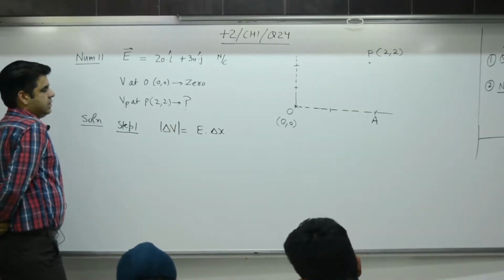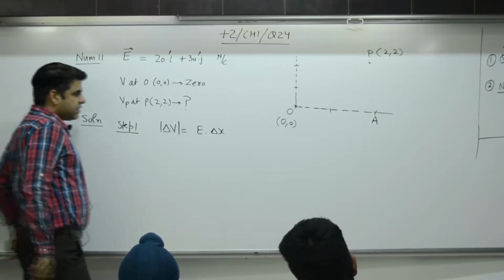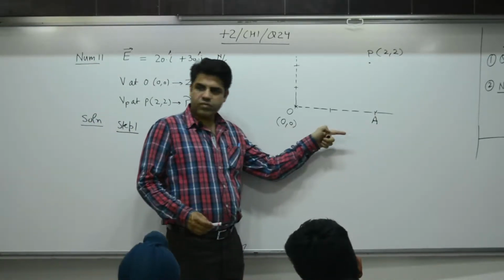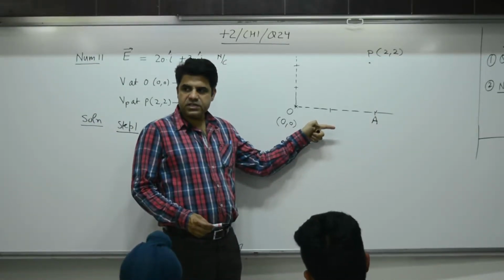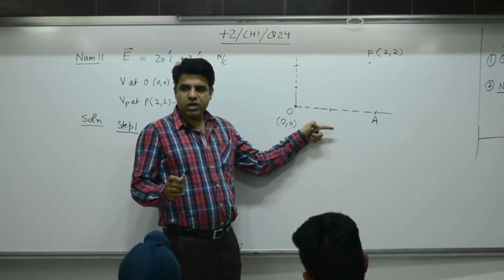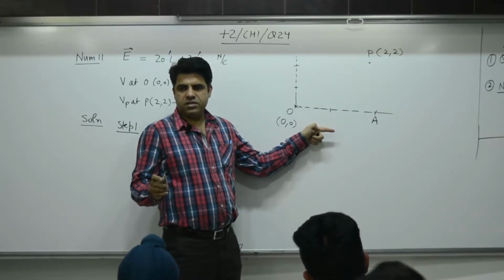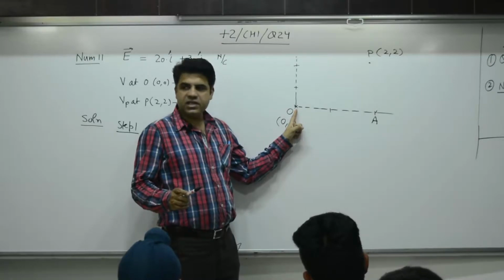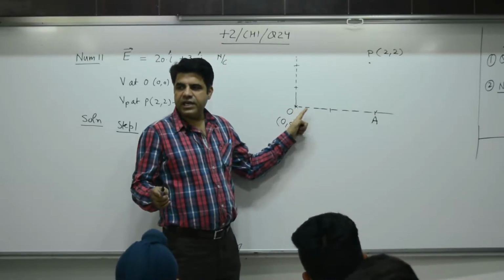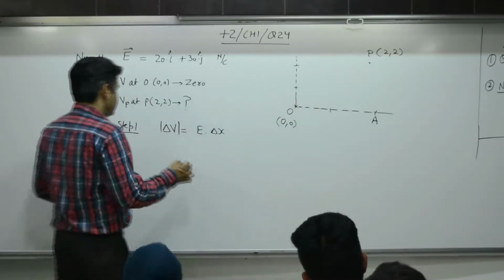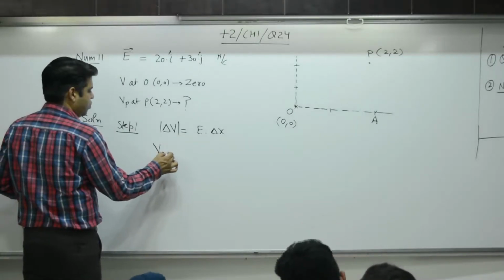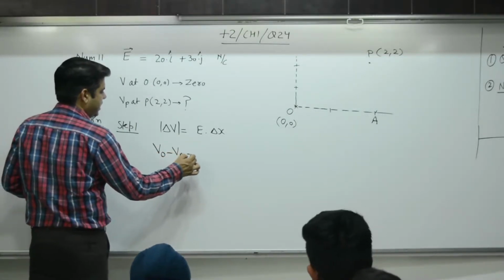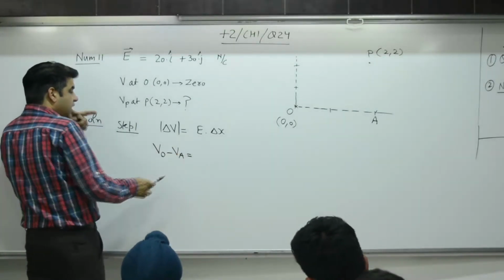Electric field is in this direction. If electric field is in this direction, potential decreases. That is why O is at a higher potential and A will be at a lower potential.